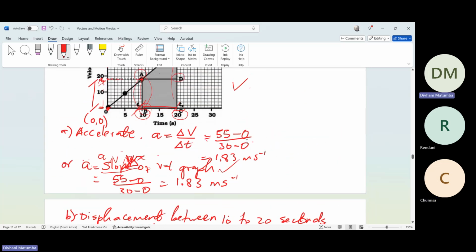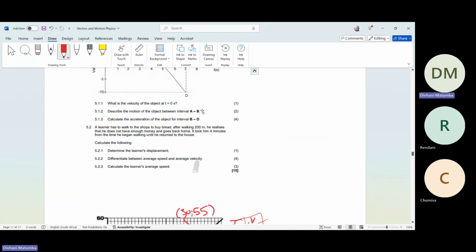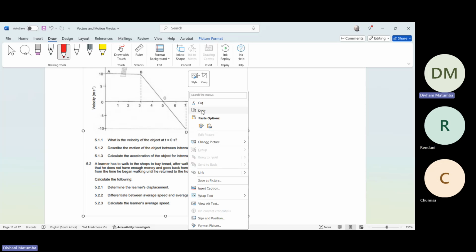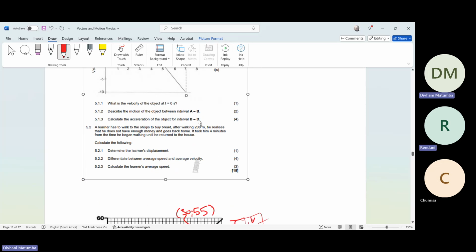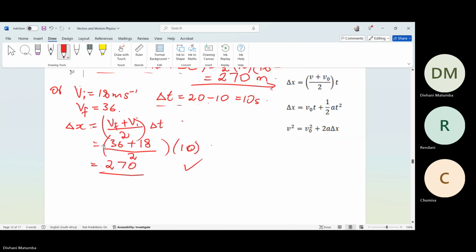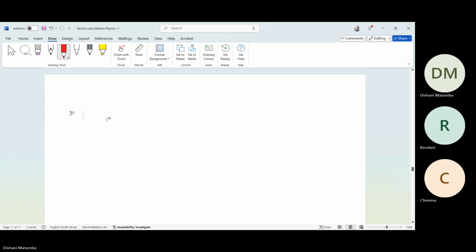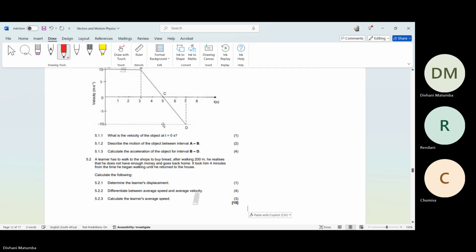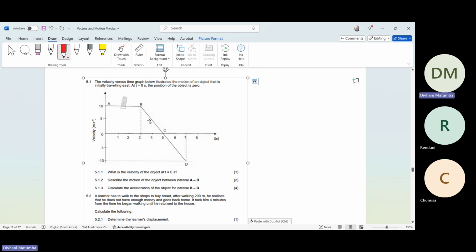No, sir. Okay, perfect. Now let us do more graphical questions. A velocity versus time graph below illustrates the motion of an object that is initially traveling east. At t equals 0 seconds, the position of the object is 0.